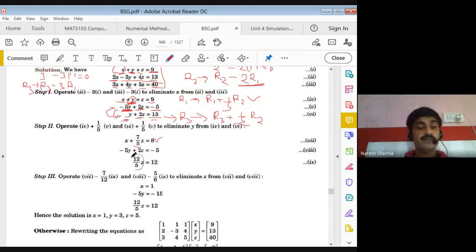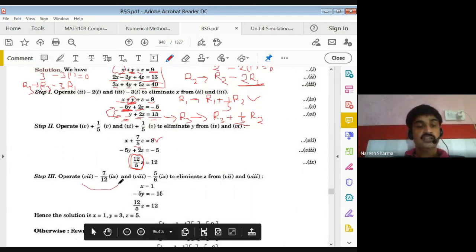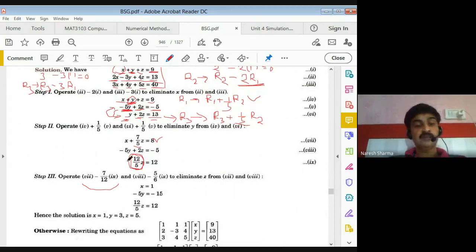Now in the third step, you can use this A33 quantity, make this equal to 1, and by using this you can convert z in the first and second row equal to 0. So for that you can use these operations. First you make this equal to 1, so by dividing this by 12, multiplying by 5, apply on this also.